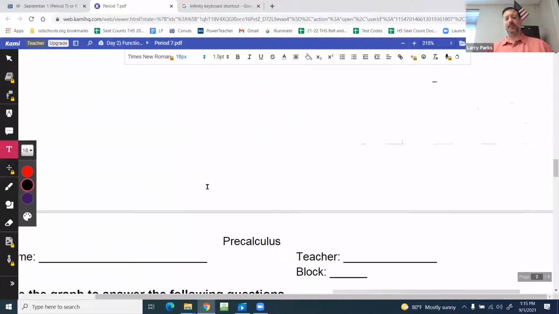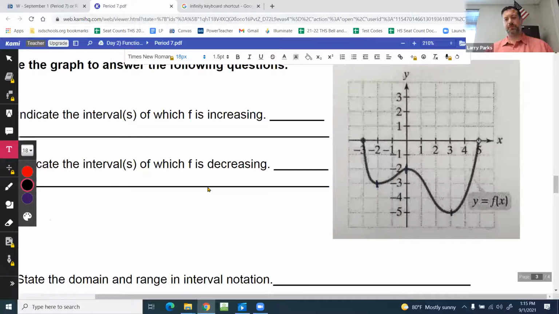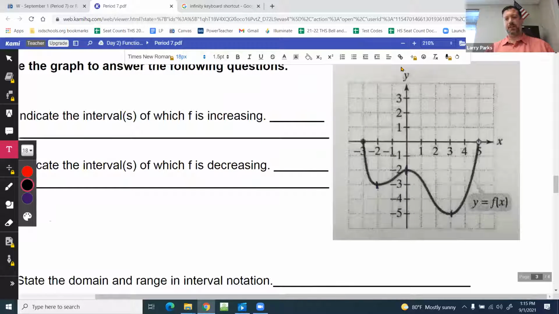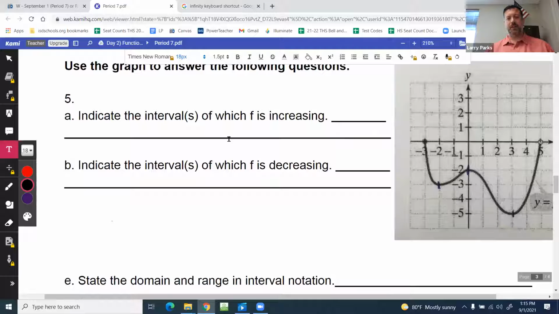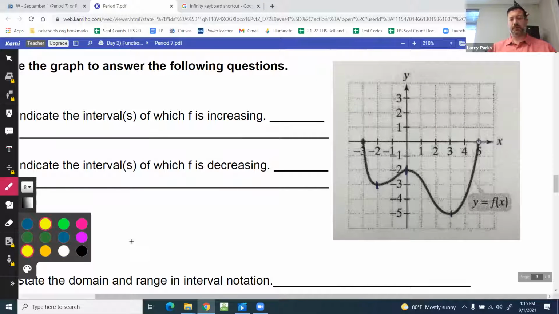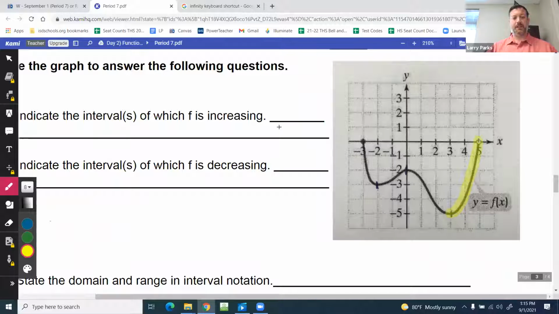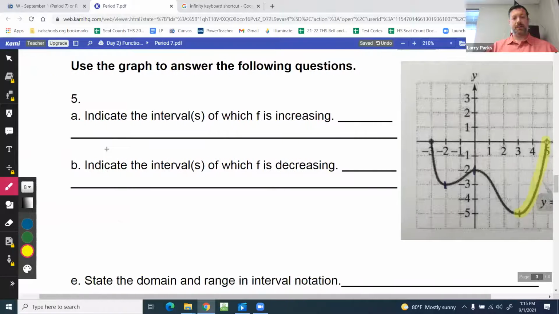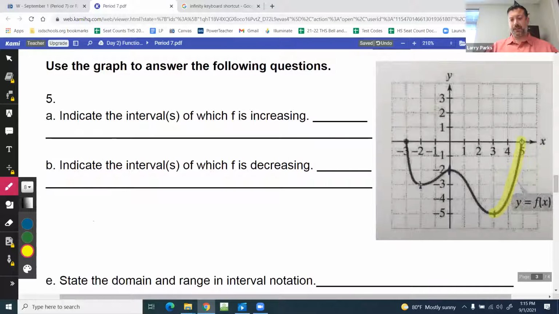All right, now when we go down here, we have another picture. So indicate the intervals on which f is increasing. Increasing would be from here to there. Okay. And we also have increasing from here to there.